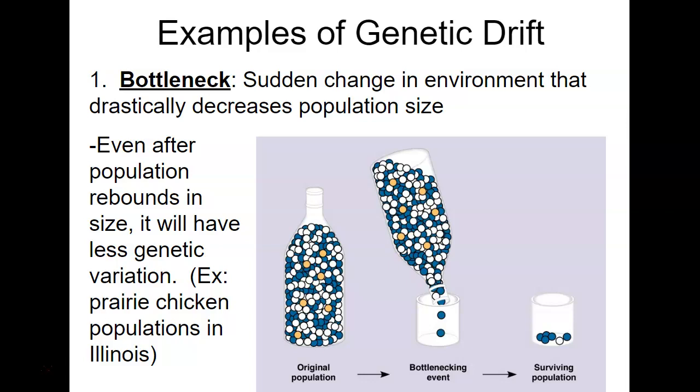But even though they might be increasing in numbers, they are severely lacking genetic diversity because much of that genetic diversity has been eliminated over time. The prairie chicken population in Illinois is another example where when you eliminate most of the organisms, you don't have a lot of genetic diversity to work with. So that's called the bottleneck effect.